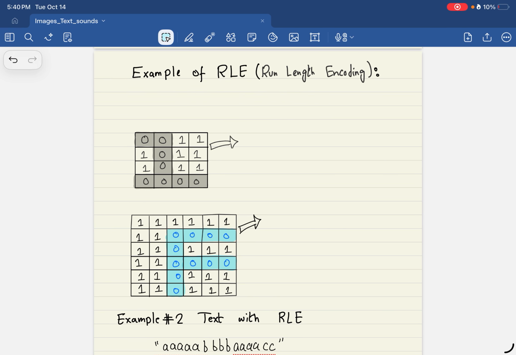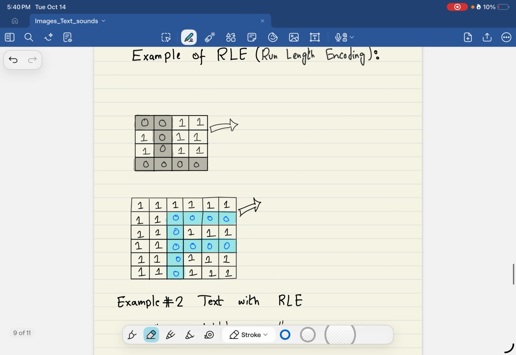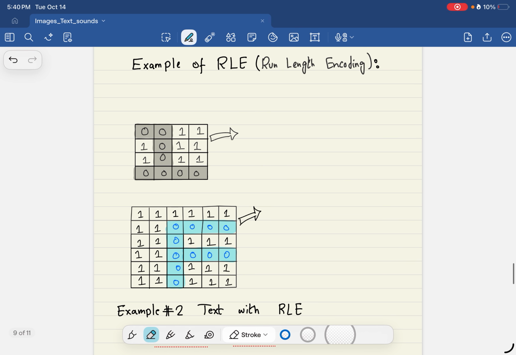Alright, so here's an example of run-length encoding. Let's recall that run-length encoding works on the principle of repetition in the data.